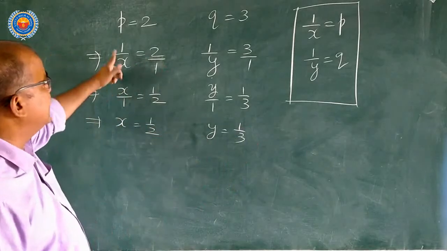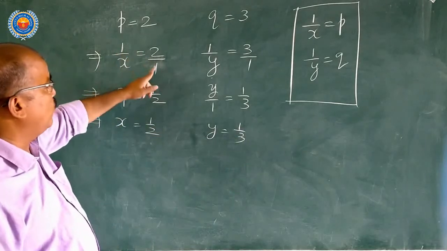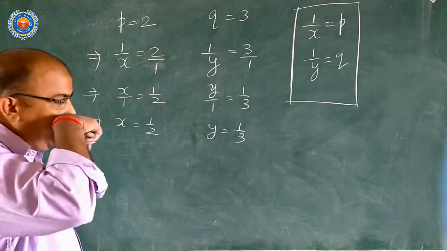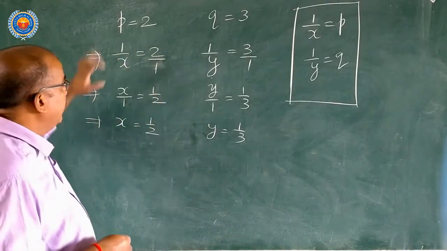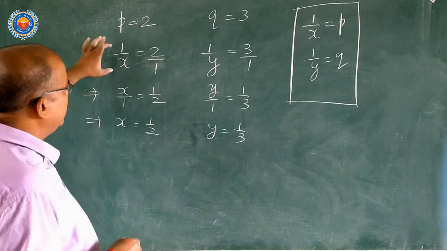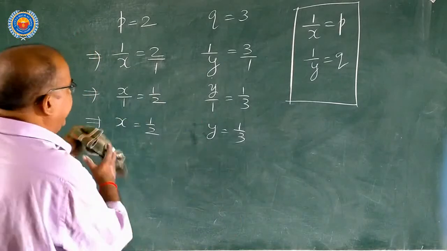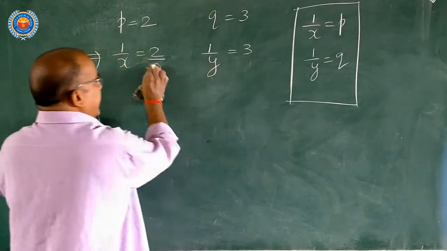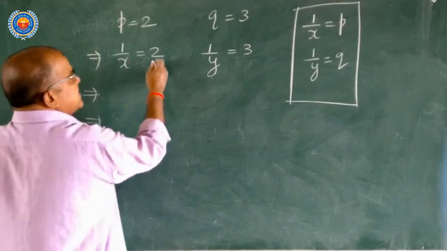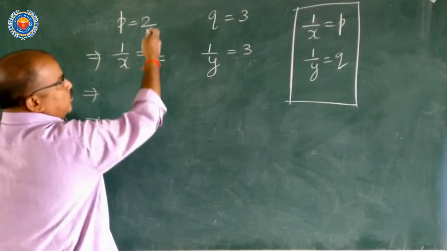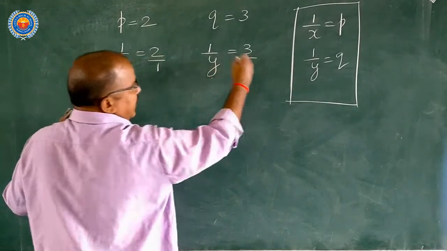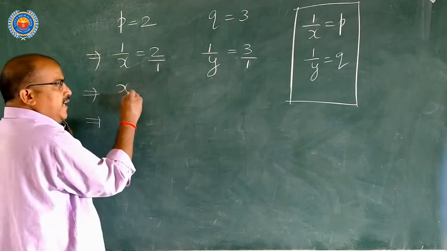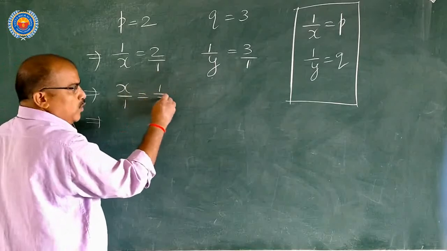We completed. Otherwise you can go for cross multiplication, 1 into 1, 2 into x, but it takes a little time. That's why it is better you follow this method. Once again I will explain. 1 by x is equal to 2 by 1, that's why x by 1 is equal to 1 by 2.